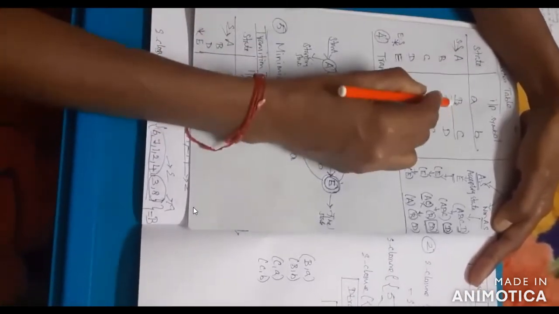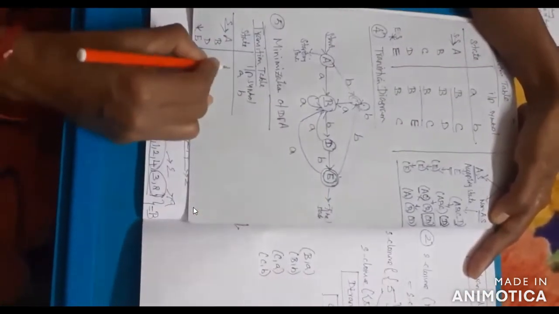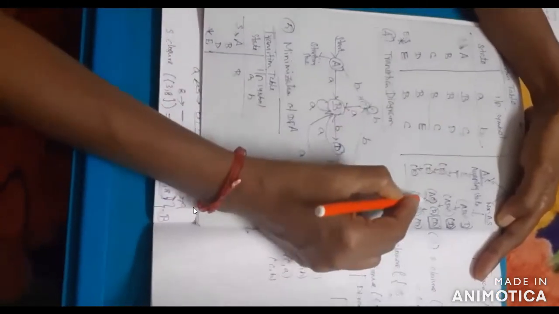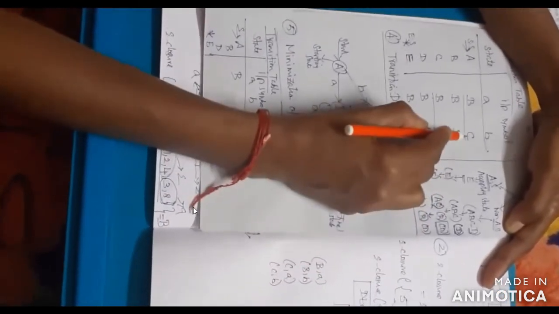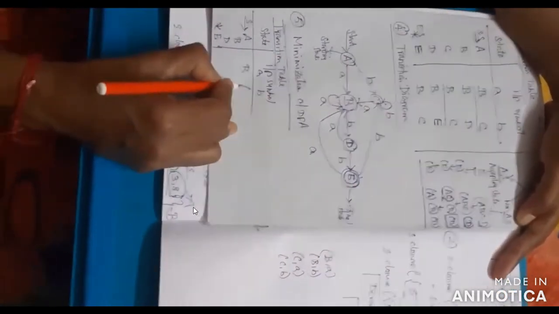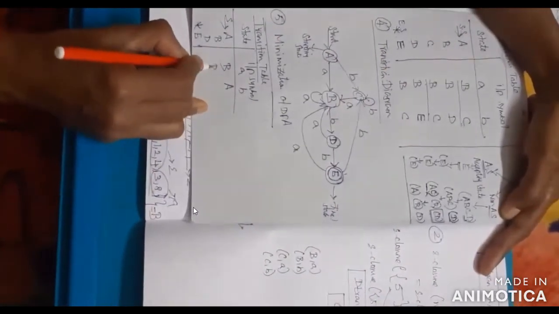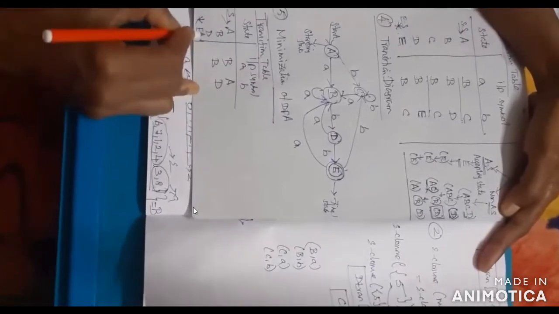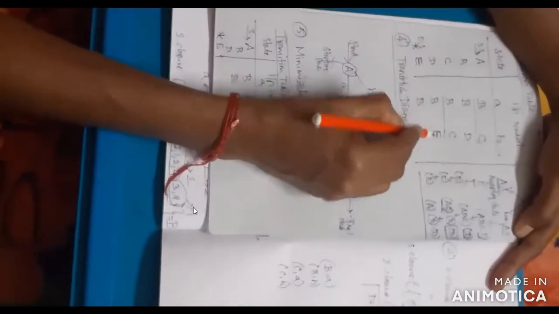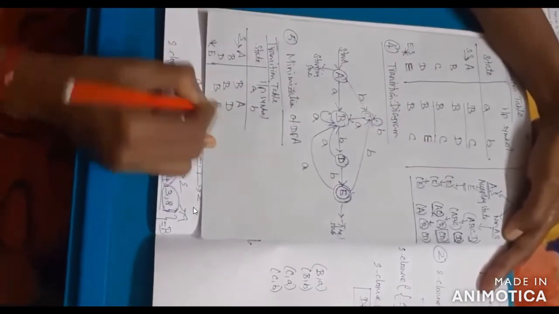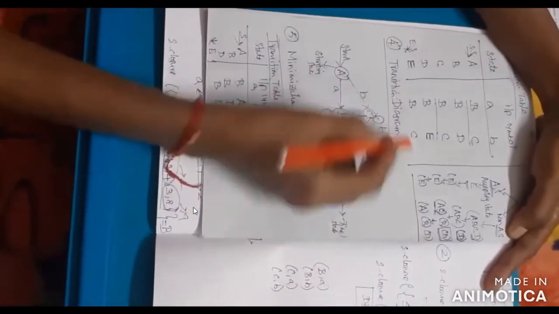Check A: B value will be there, but C is not there because you removed C, so instead of C I can write A. Next B is B, D. B and D are both available after minimization. Next check D: B, E.